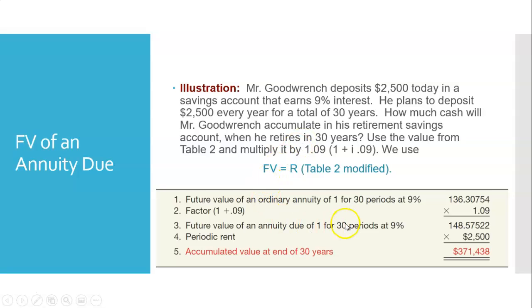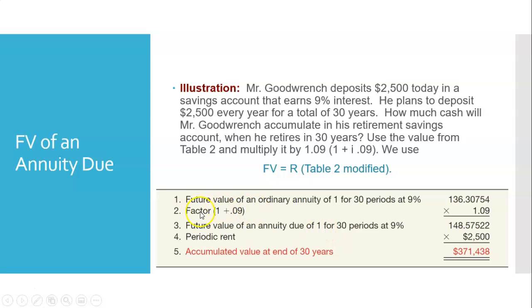The future value of 1 for 30 periods of an ordinary annuity is table 2. Looking up table 2 for 9% and 30 years, we get 136.30754.